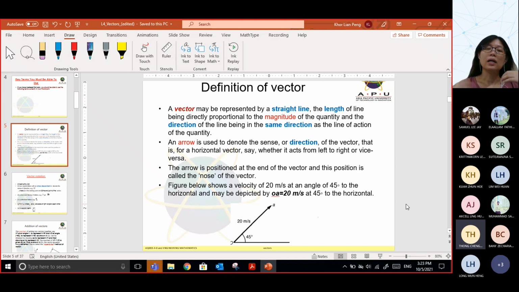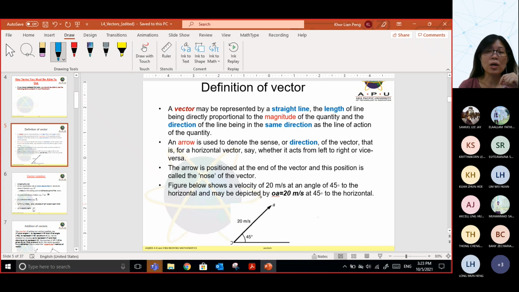Okay, so remember yesterday I mentioned that a vector is represented by a straight line, and the length of the line is proportional to the magnitude of the quantity. There's also the direction, which is shown by the direction of the line.